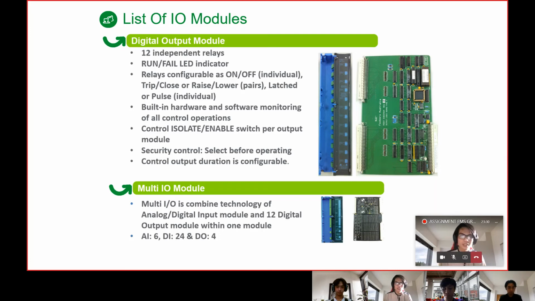For the next part, the multi-IO module. Multi-input-output is a combined technology of analog and digital input modules and has 12 digital output modules within one module. AI, analog input, 6, DI, digital input, 24, and DO, digital output, 4.